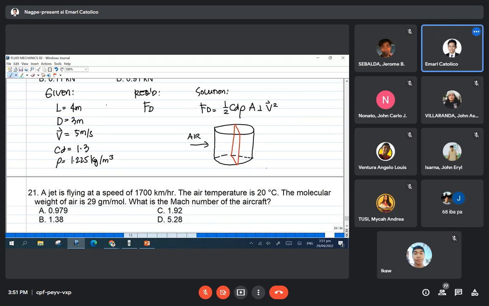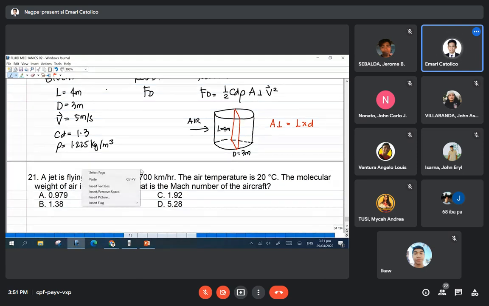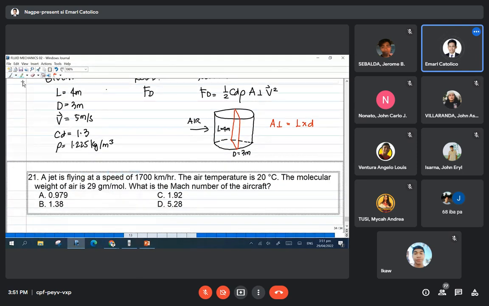Tama. So therefore, area perpendicular is equals to length times diameter. Length of 4 meters, meron tayong diameter of 3 meters. Kaya na siyang masolve.